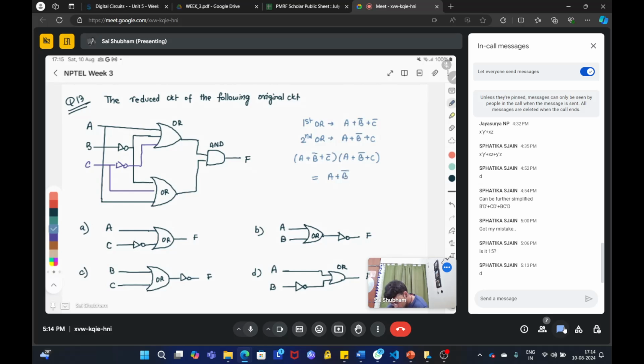Okay. The trick is that if you have some term with another term and you have that term repeated, but this time with a complement, it finally gets cancelled out, and this is the term that remains, which is equal to this part. Okay, so D is the answer.